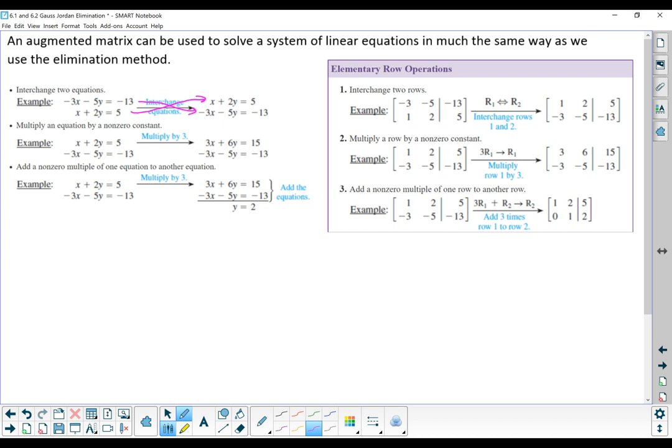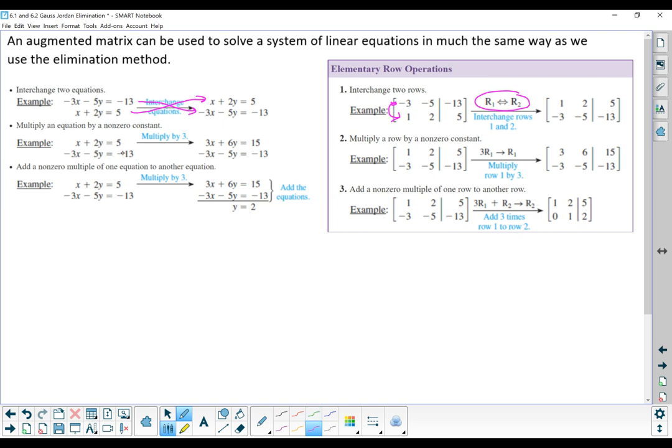If I switch the two equations, the system would have exactly the same answer. And so we can do that in a matrix as well. So this little notation here is saying to switch or interchange row 1 and row 2. So I can just put that row on top and that row on the bottom, and that is fine to do. It's one of our elementary row operations that are okay.